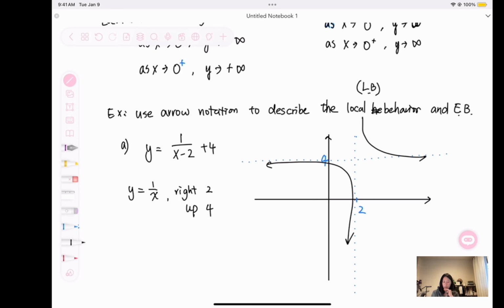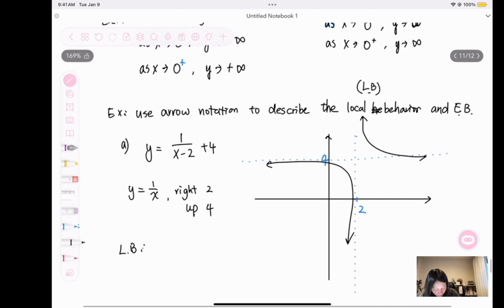Okay, now we need to use the arrow notation to describe the behavior. First, we describe the local behavior. Local behavior means not the end, not as x approaching infinity. So as x approaches 2, let's take a look.